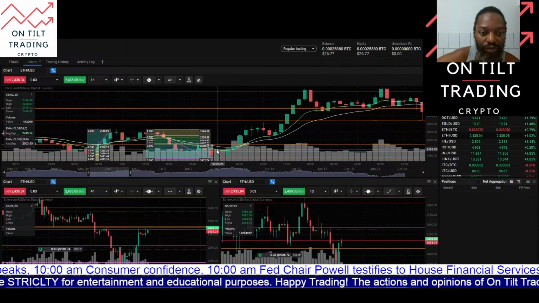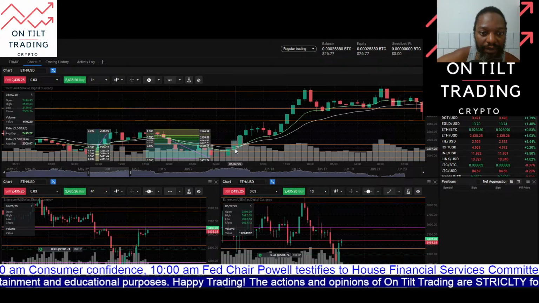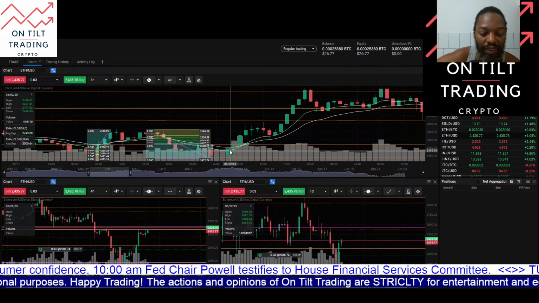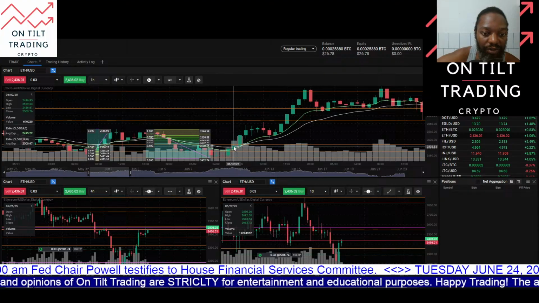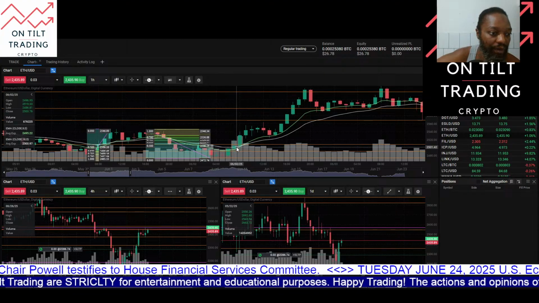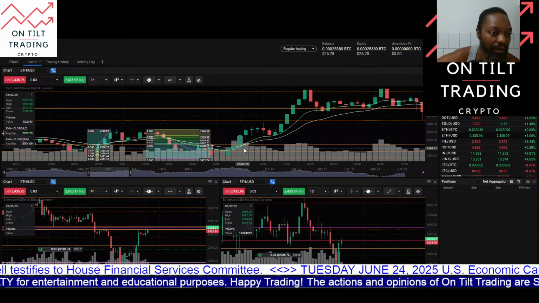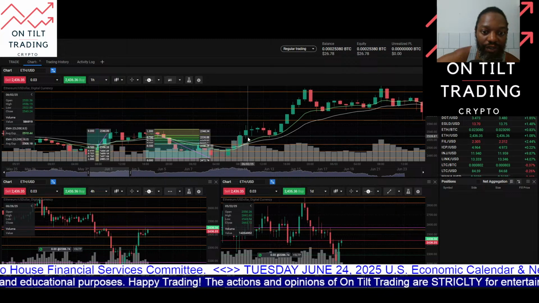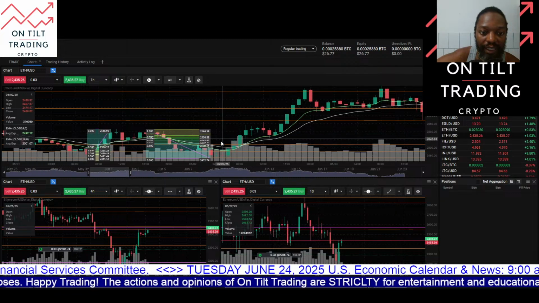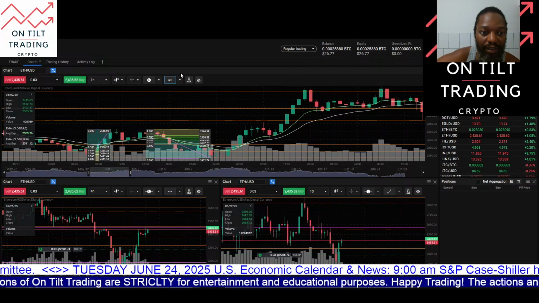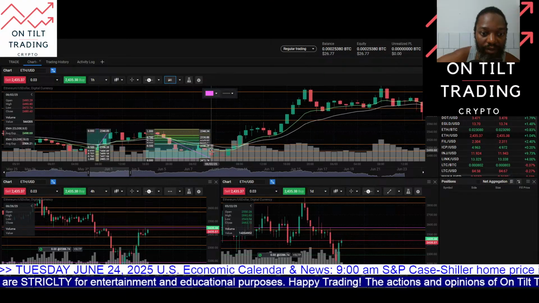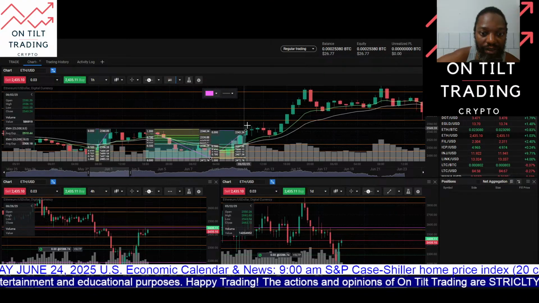If I'm looking at a short position, I'm waiting for a pullback to the EMAs, which I would get here. But then we get another crossover. We get a crossover here. So I would need to exit that position if I was in that position. And then this would be the position here.